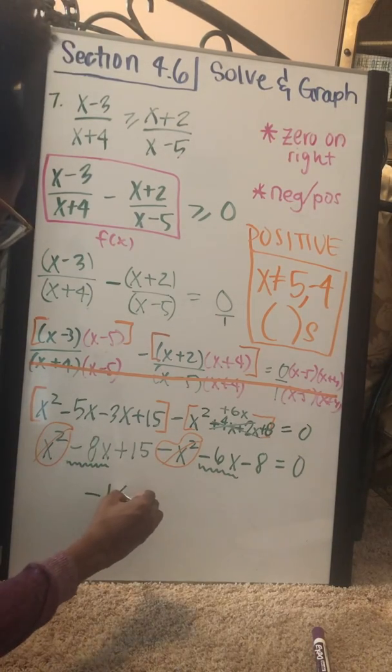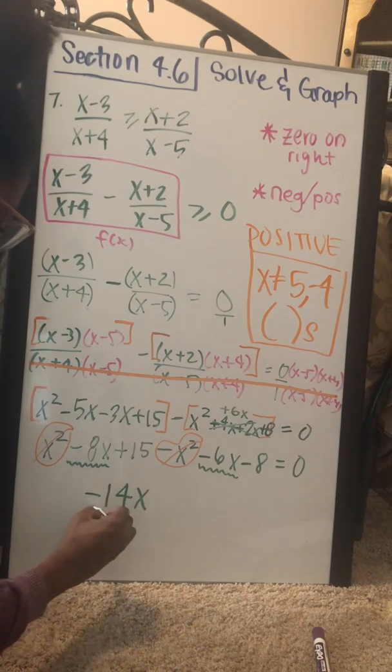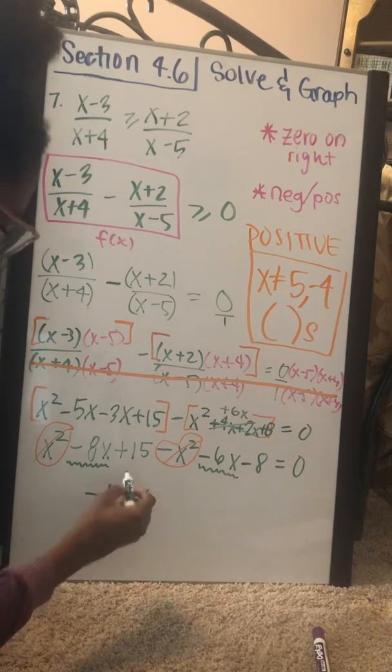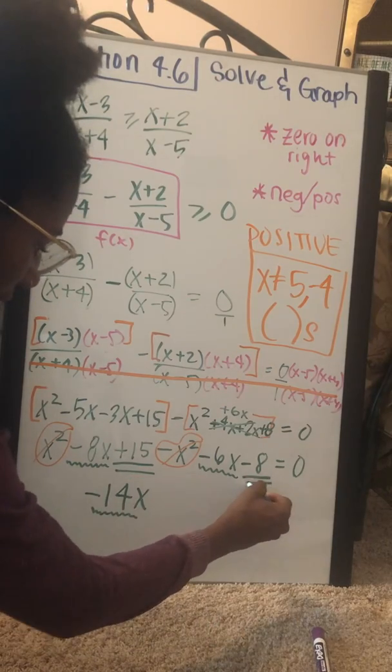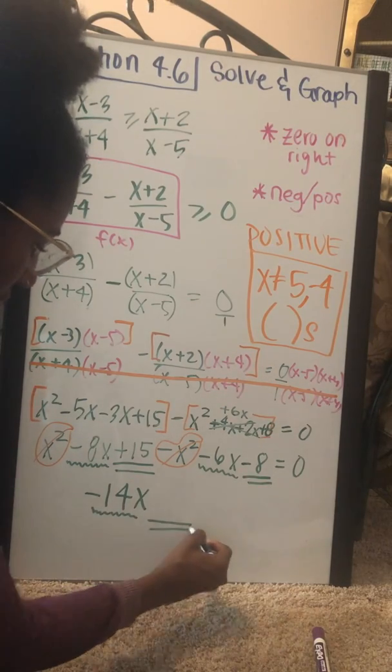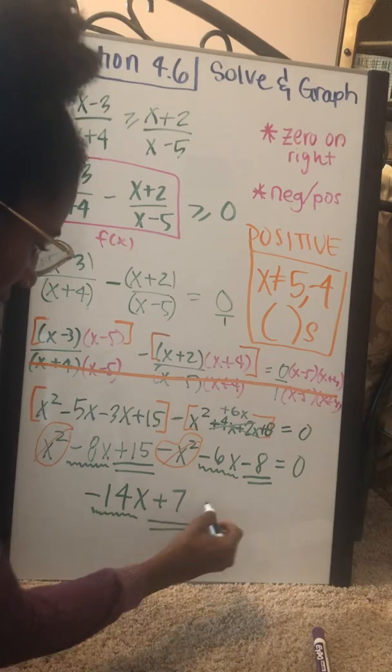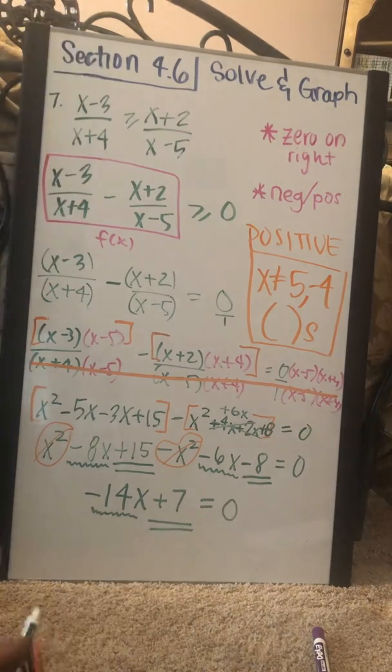So we get negative 14x. And then we can combine our positive 15 and our negative 8 to give us positive 7 equal to 0, okay?